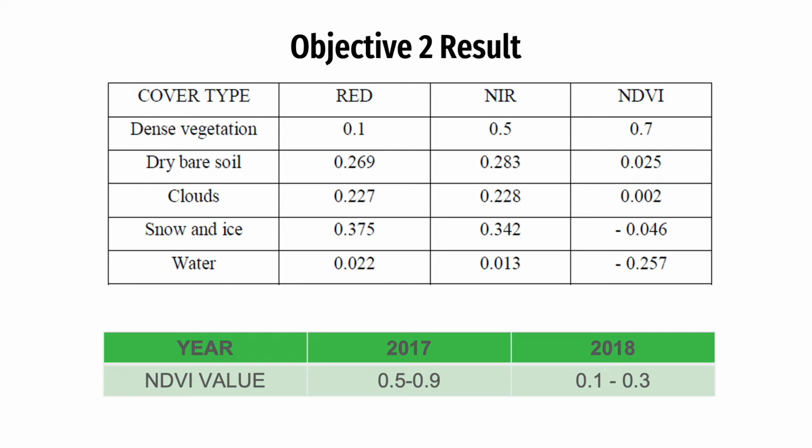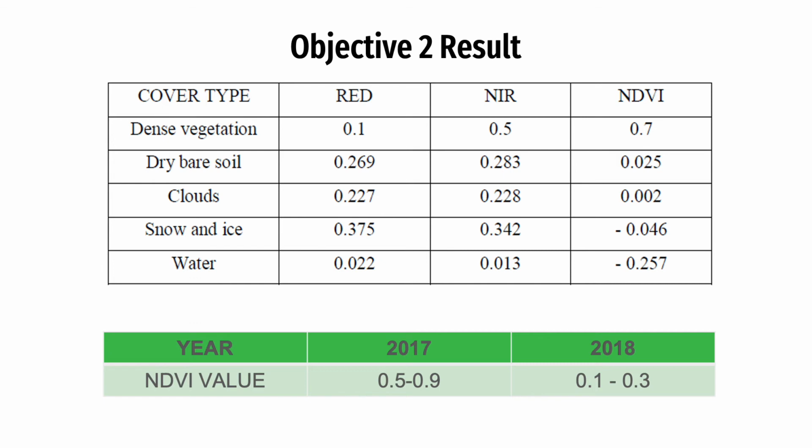So based on this table, you could see here that the NDVI value of water is less than 0. The NDVI value of bare soil is between 0 and 0.1, and the value of vegetation is more than 0.1.